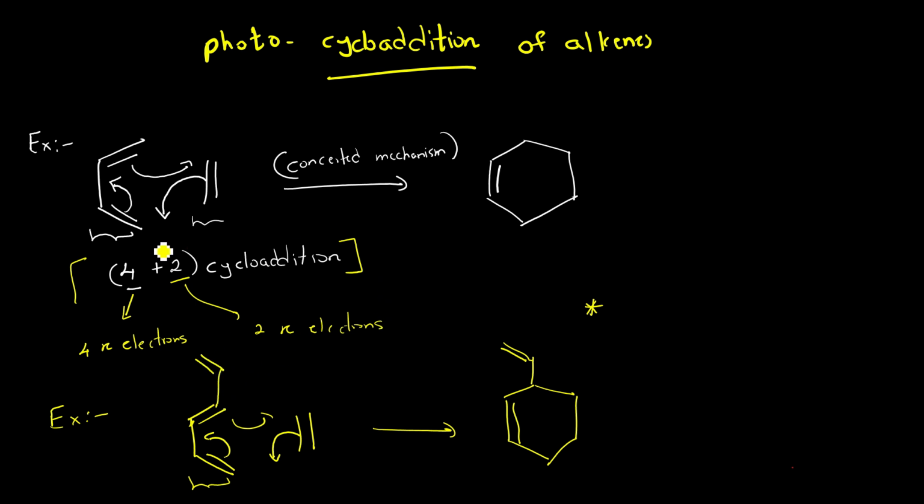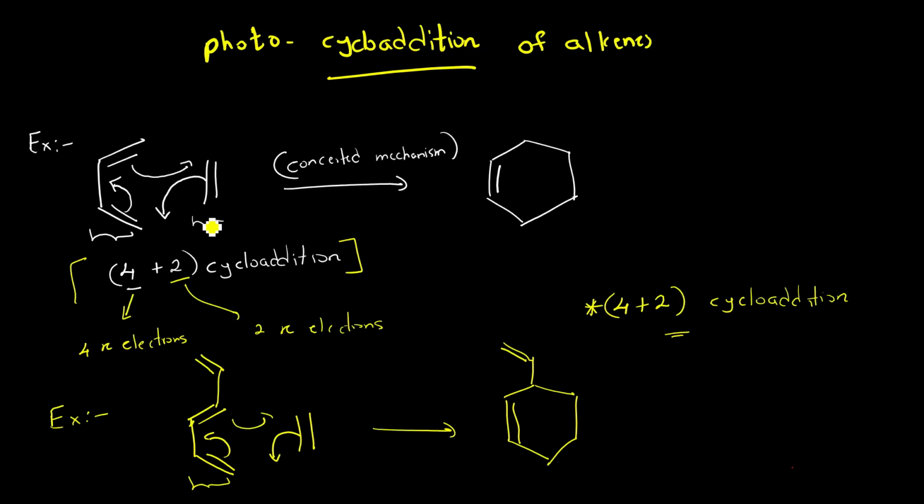So for this nomenclature, we don't consider this pi bond. So this is actually 4+2. There are 4 pi electrons involved from this side, and 2 pi electrons involved from this side. So this is a 4+2 cycloaddition. This is one of the most important points in cycloaddition reactions. So now let's move on to photocycloaddition reactions.